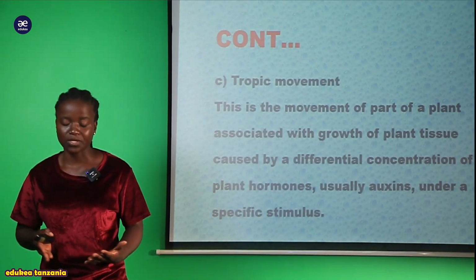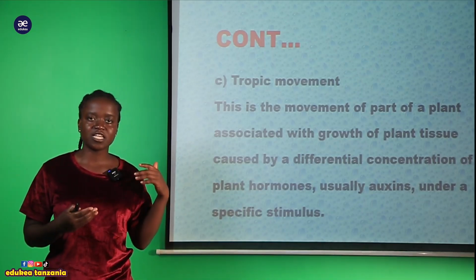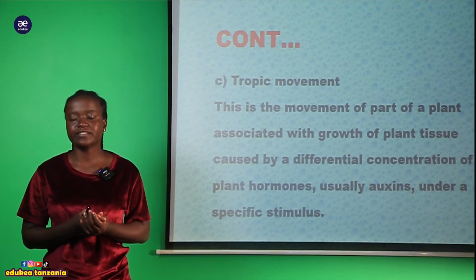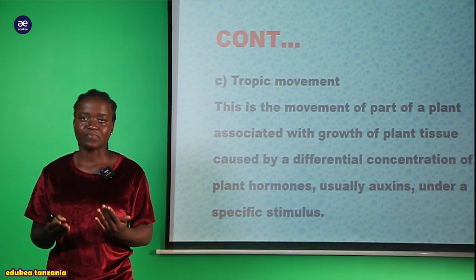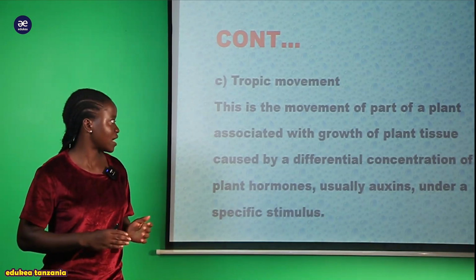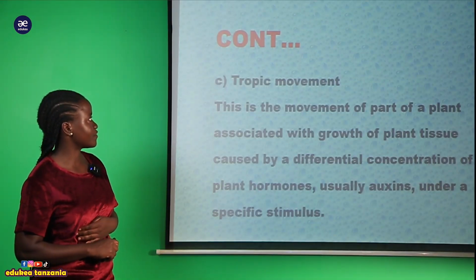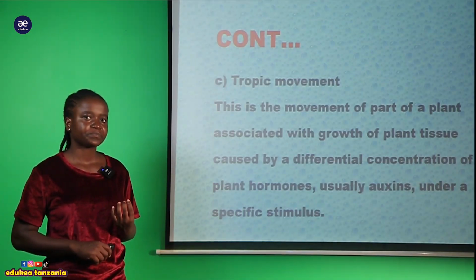So now we are going to see what this tropic movement is and how it differs from the rest of the kinds of movement a plant exhibits.